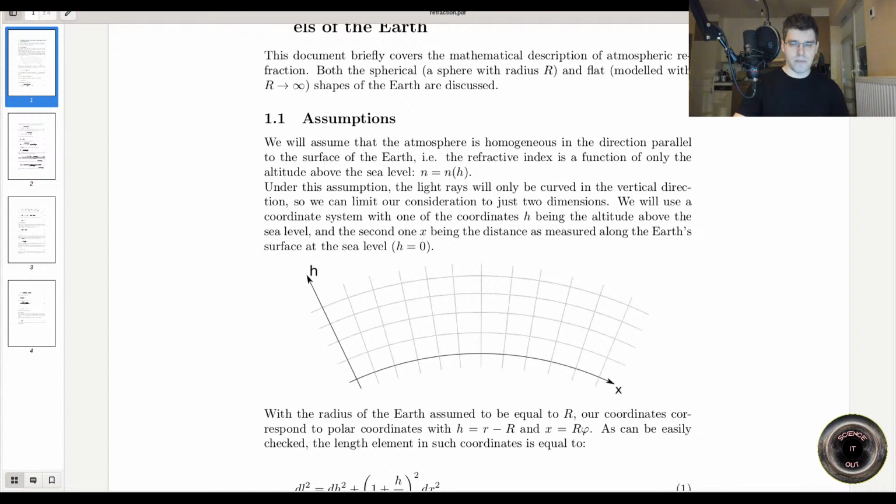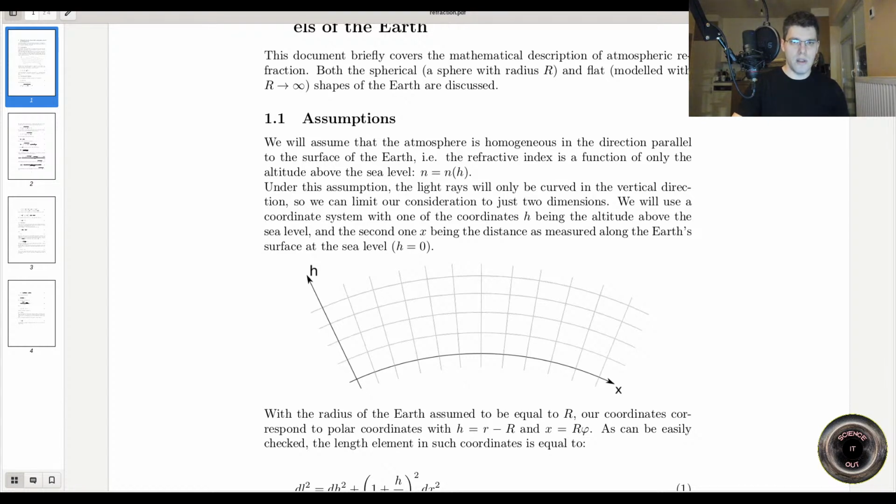Why did I choose it so? If we imagine that we change the radius of the Earth, this capital R, then it would straighten out slightly, and if R tends to infinity, we would basically get a rectilinear coordinate system where h is along one direction, x is along the second direction, and they are perpendicular to each other and both are straight, and that would correspond to the flat Earth.